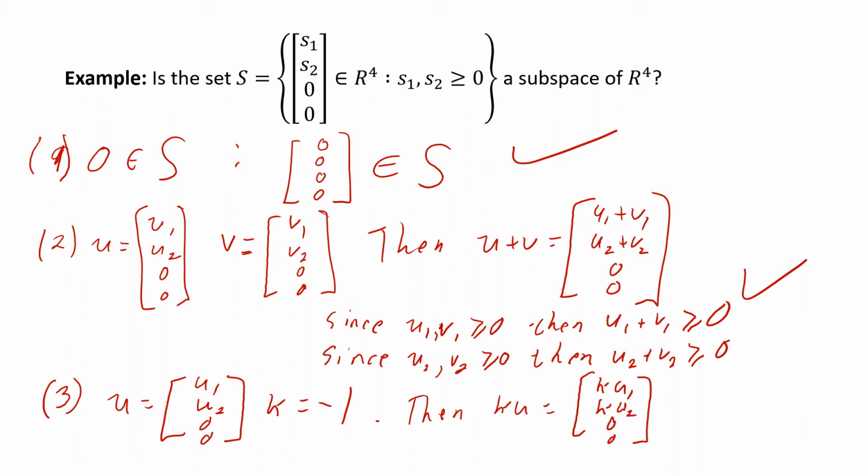Well, it's not hard to see here now that k times u1 is negative, k times u2 is negative. That is not in S. So this is not a subspace, because it violates the third condition. Scalar multiplication: you can do a scalar multiplication and you can get out of that set. That means it is not a subspace.